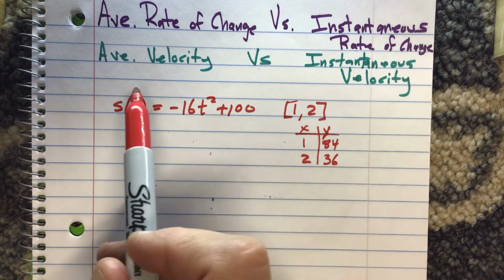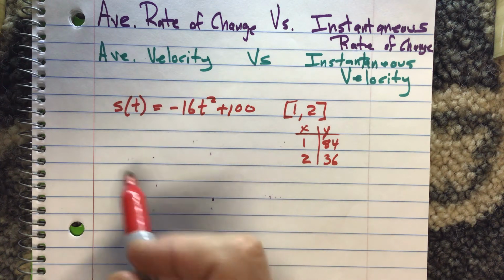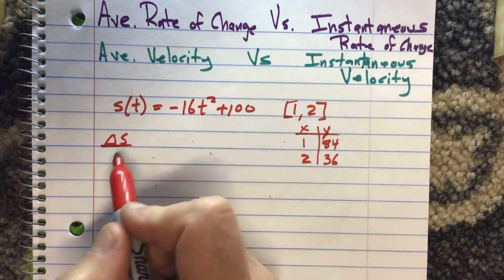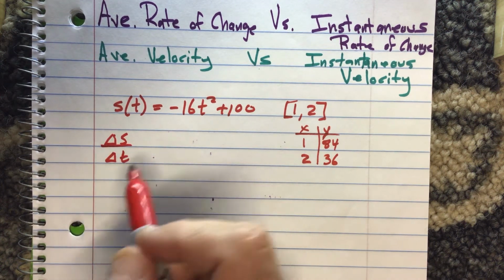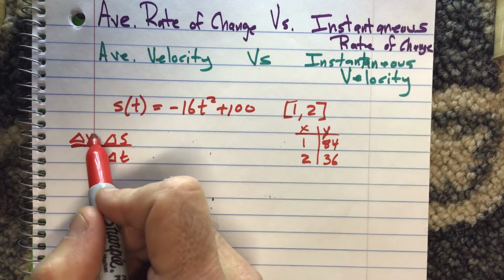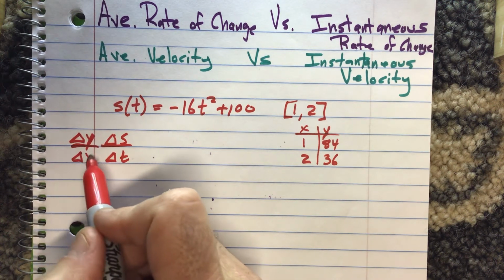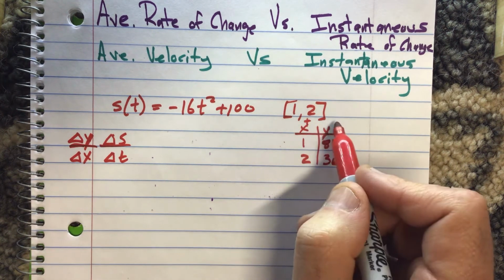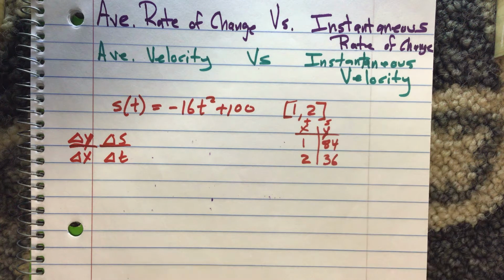So when we talk about the average velocity, it's the change in position over the change in time. It's the same thing as change in y over the change in x. So x in this case being time, and y being the position of the function.